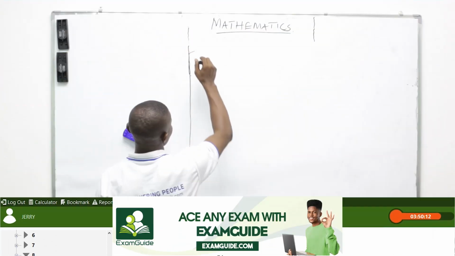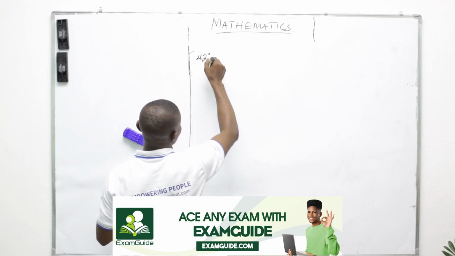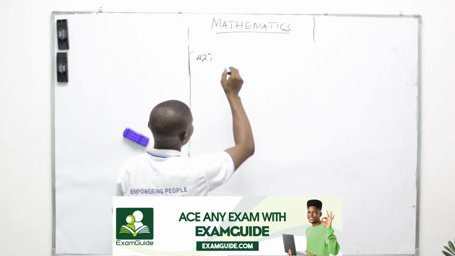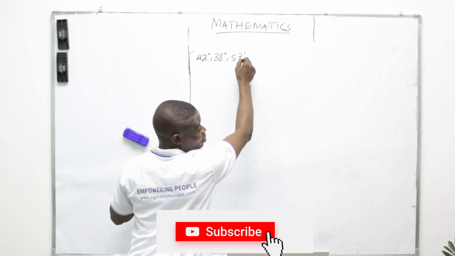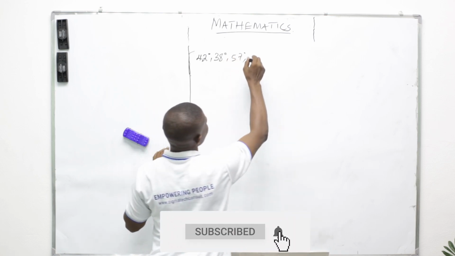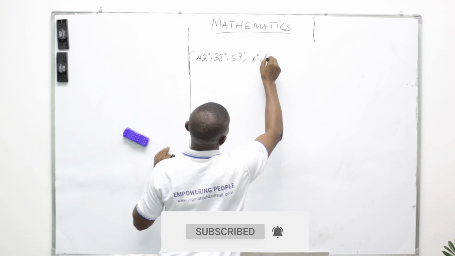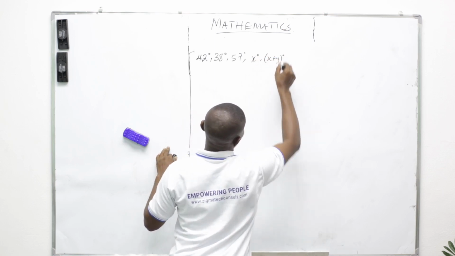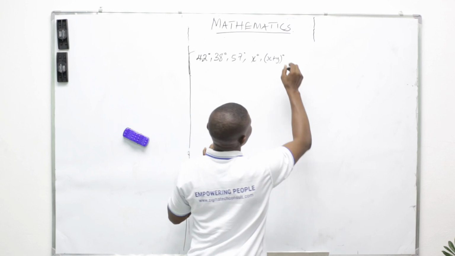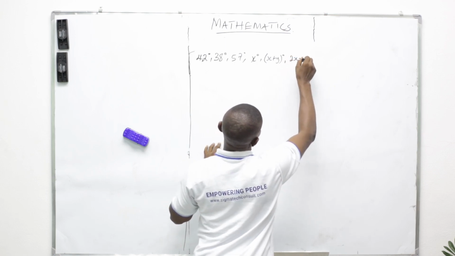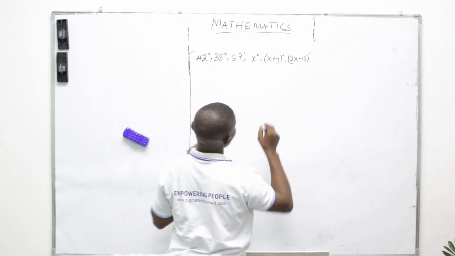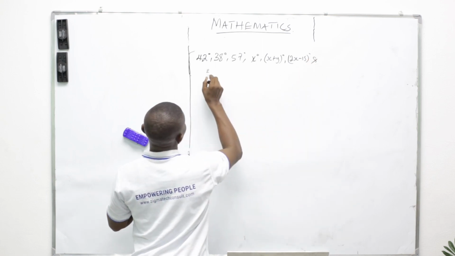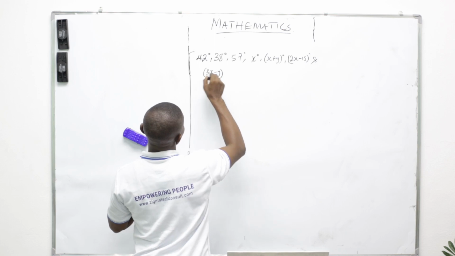Angles in the polygon. So this 42 degree, 38, 57, x plus y all degree, 2x minus 15 all degree, and 3x minus y all degree.